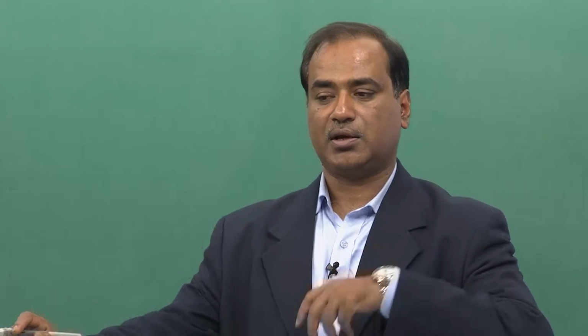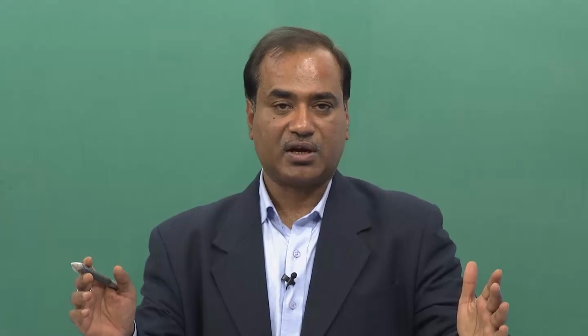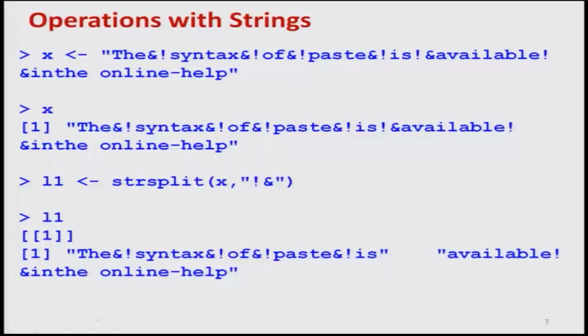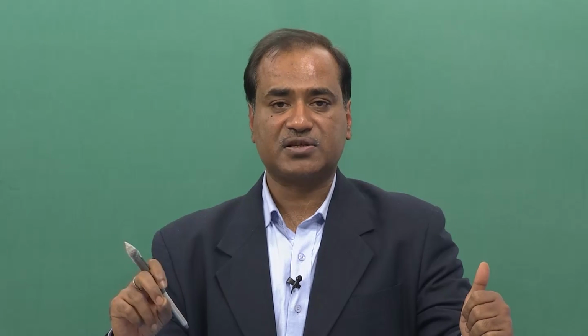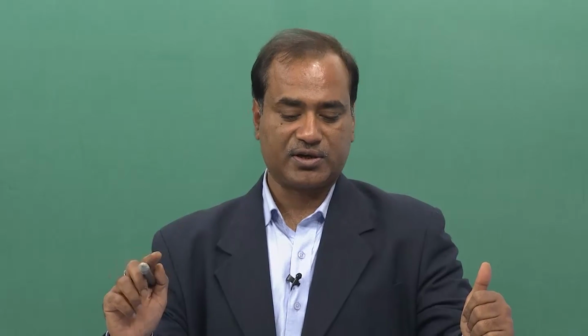For example, we had a string saying the syntax of paste is available in the online help, and we had split it at a symbol wherever we observe the symbol followed by an exclamation sign, and then we had different types of breakups. Now I want to call one of the elements of that split vector. How to get it done?